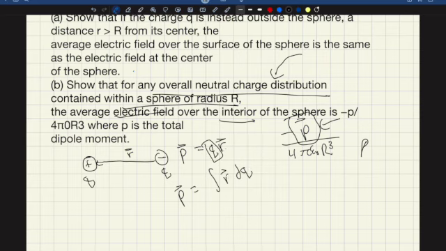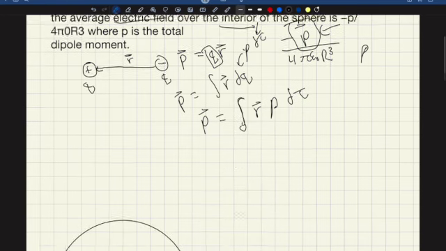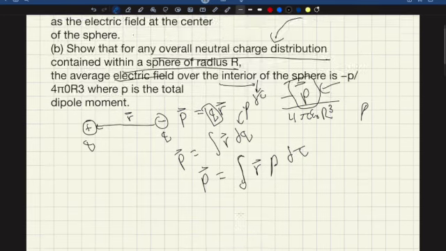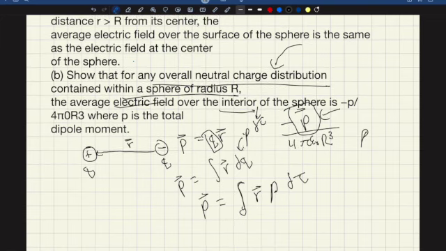Now this dq for any point is simply rho times the volume element. So our dipole moment is the integral of the r vector times the density at a certain point times the volume element. You're going to see that later on in the proof, this quantity should pop out.